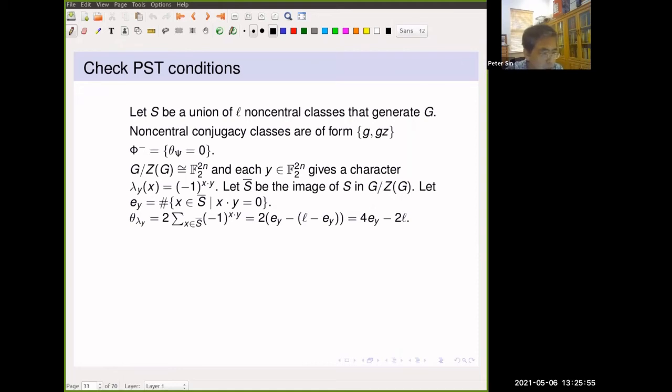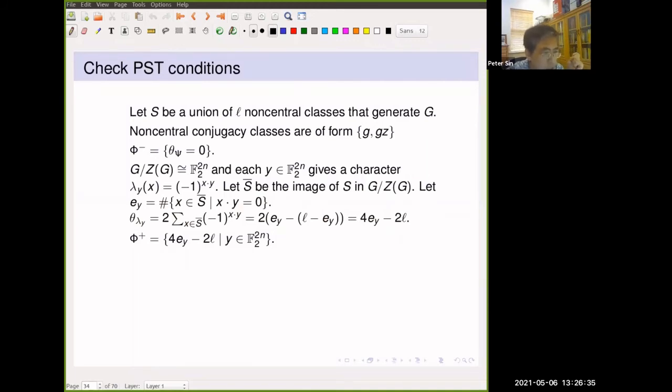Then an easy computation shows that the eigenvalue corresponding to this character lambda sub Y is obtained by summing over the elements in S, which is just 2 times the sum over S bar. You get 4E_Y minus 2L, so phi plus will be 4E_Y minus 2L.